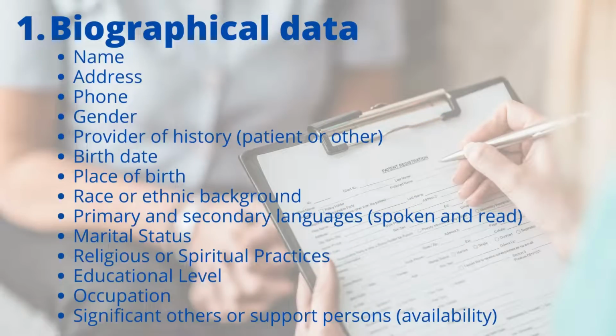So, what are included in the biographical data? Of course, we will have to gather our client's complete name, the complete address, the phone or contact number, their gender, their birth date, provider history, the place of birth, and so on and so forth.